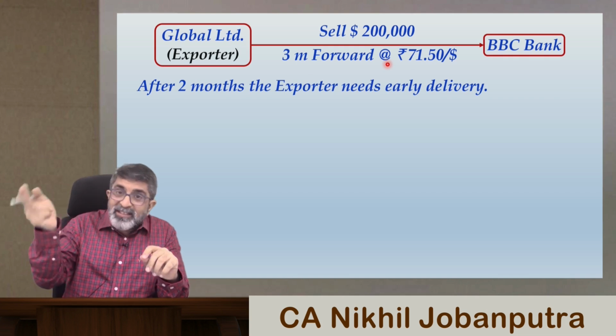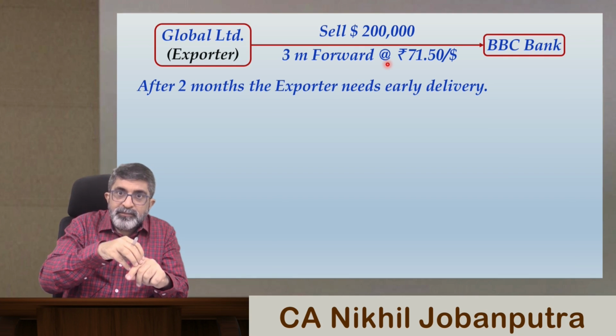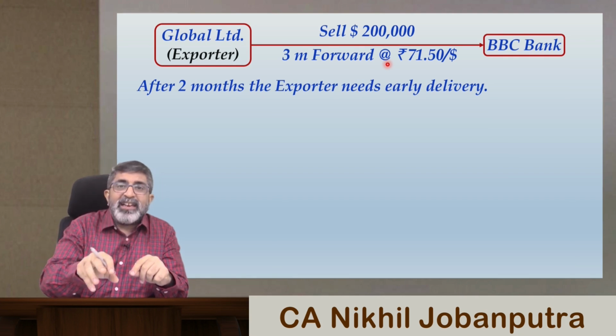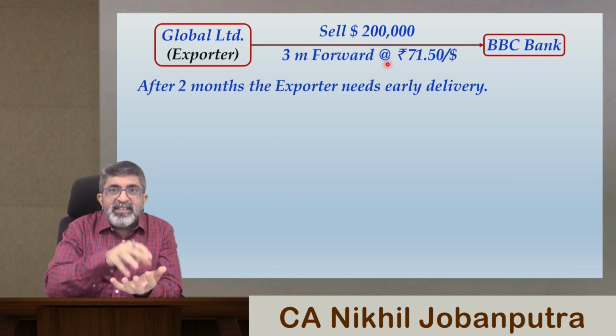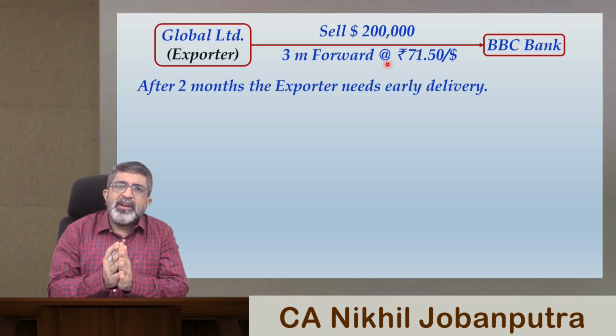Now, is that more beneficial than bringing money to India for early settlement of the contract? Is that more beneficial? That also we are going to discuss in our examples ahead.